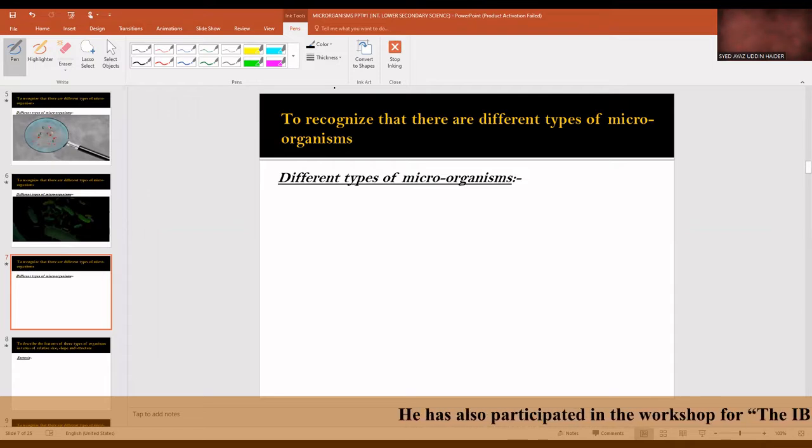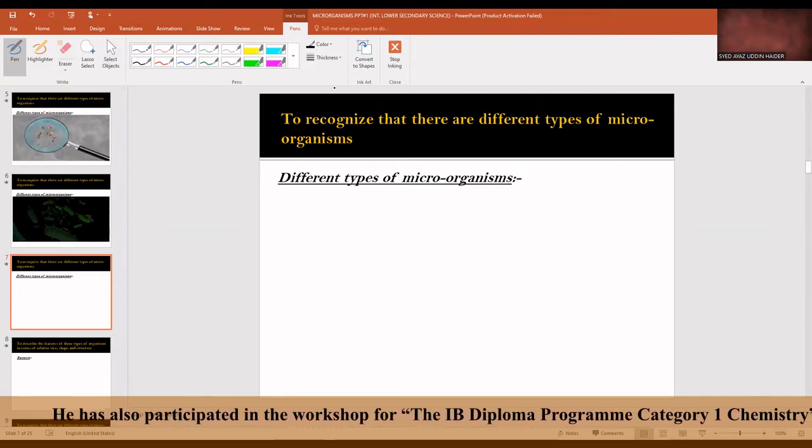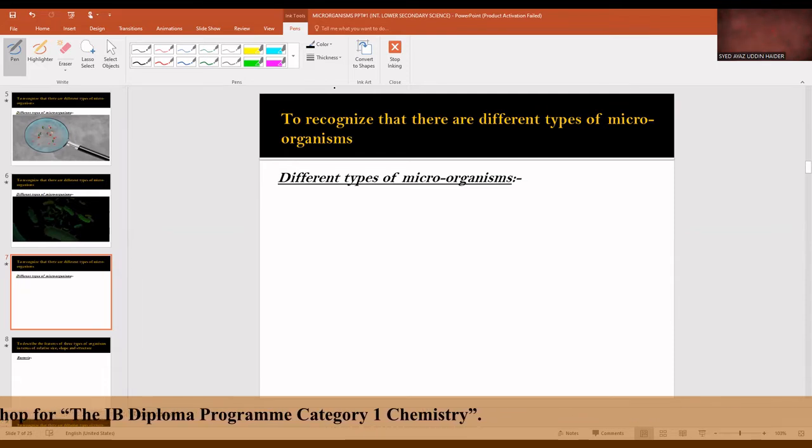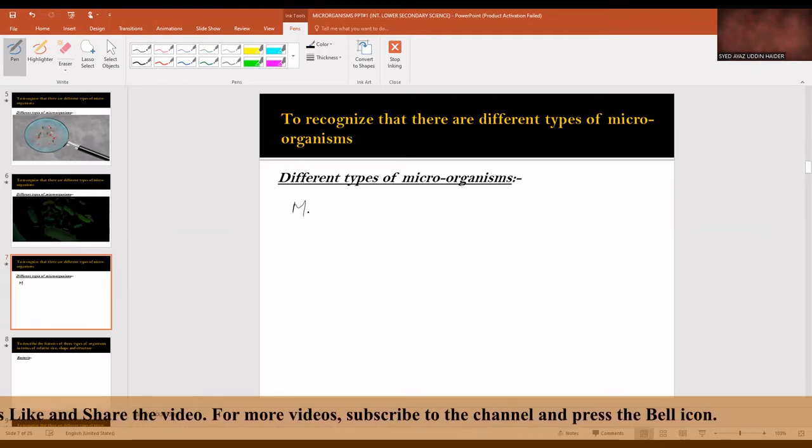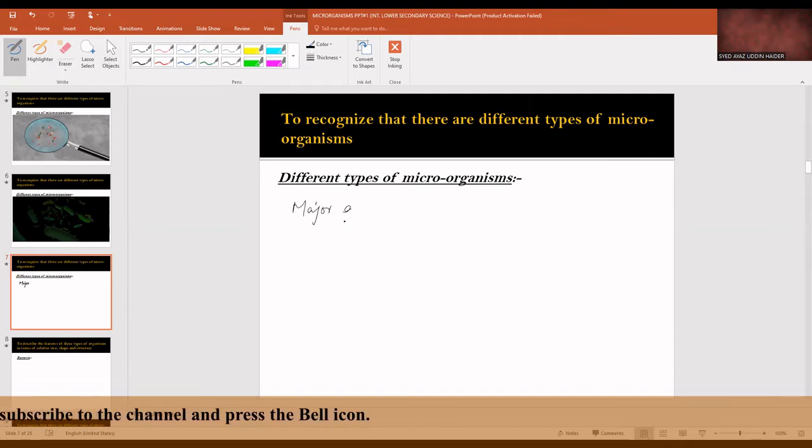Different types of microorganisms. There are different types of microorganisms, but the major groups include bacteria, fungi, yeast and mold, algae, protozoa, and viruses. Major groups.